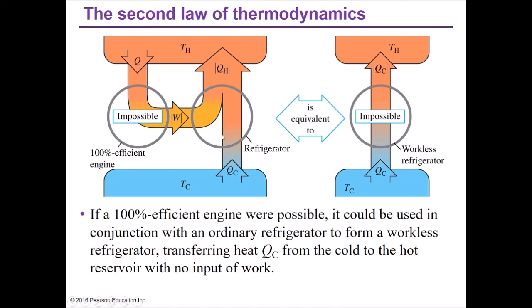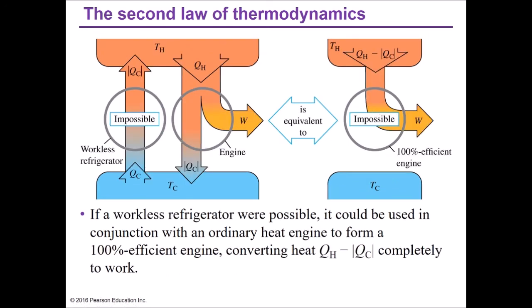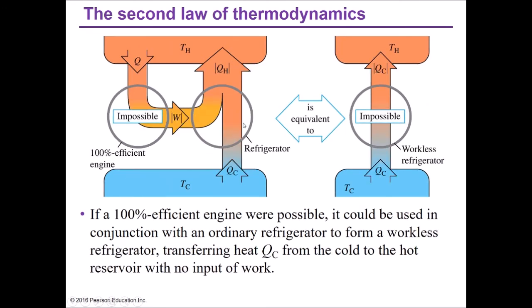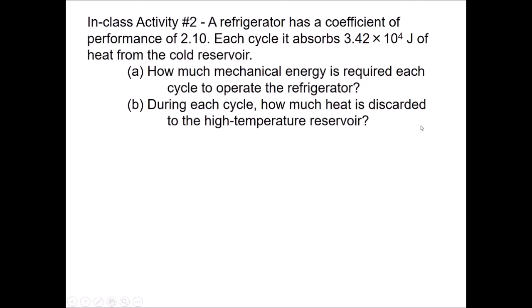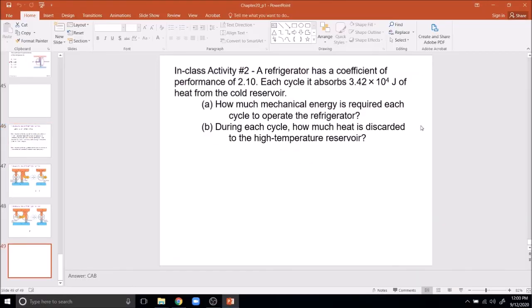These two branches just disappear and you end up with this. Again, not possible. So, say I'm going to have a workless refrigerator do a heat engine for me. Well, that's equivalent to the thing on the right. No. And this is the other statement: let's have that heat engine perform this work for our refrigerator. No, can't have that either. Not happening.